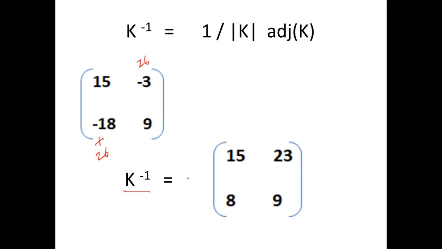So finally we have achieved our K inverse, that is 15, 23, 8 and 9. So just to remove the negative numbers we were adding 26 to the negative numbers alone. So our K inverse is done.